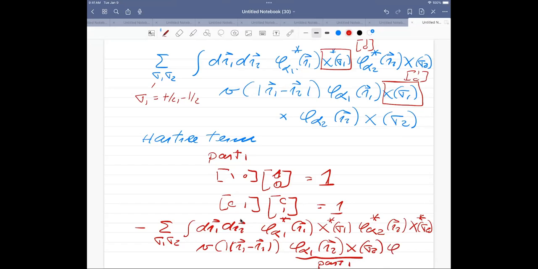And then I have a phi of alpha 2, but now with r1. And then I have a psi here with sigma 1 here. So I have interchanged particles 1 and 2, and then I have to be careful with the spinors.